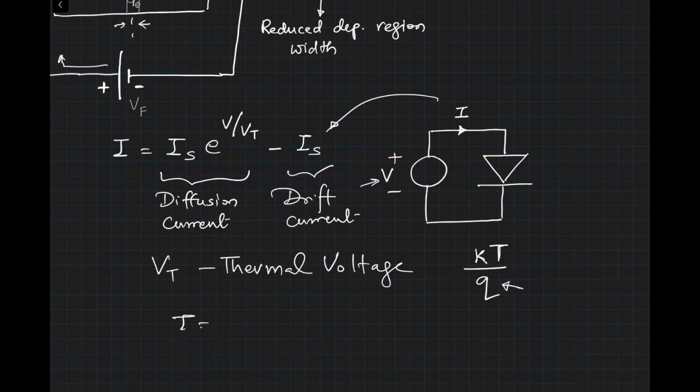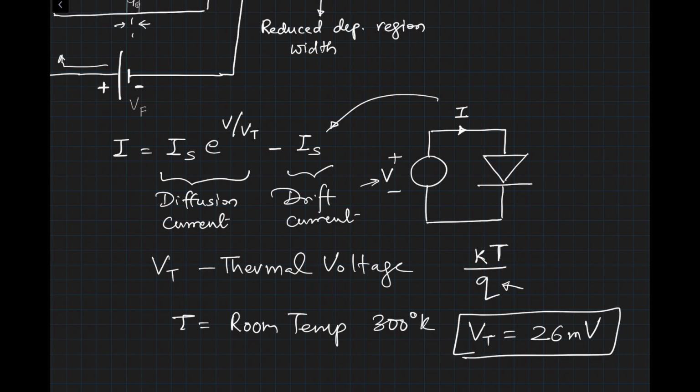For room temperature, we generally call it 300 degrees K, and Vt is given by 26 millivolts. We use this number quite a lot, so just keep that in mind, so you don't have to write the Boltzmann constant, T, q, all those numbers. If you know the value of Vt at room temperature 300 K, then you can just use the proportionality and figure out the value at any different temperature.